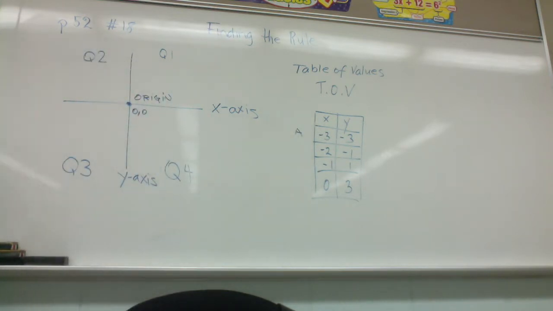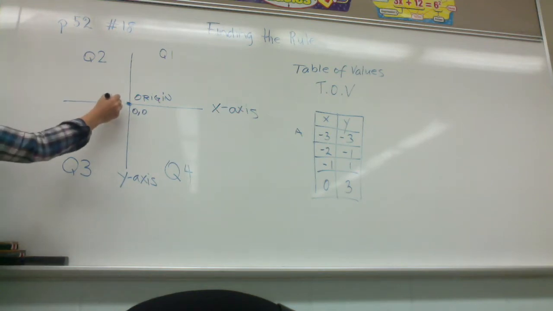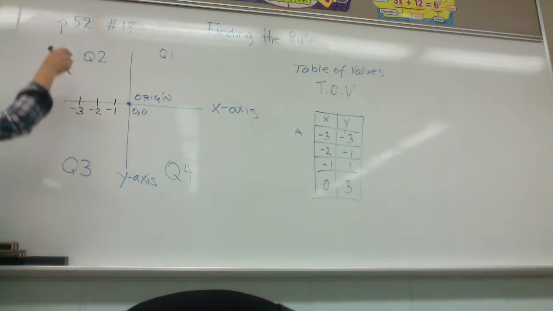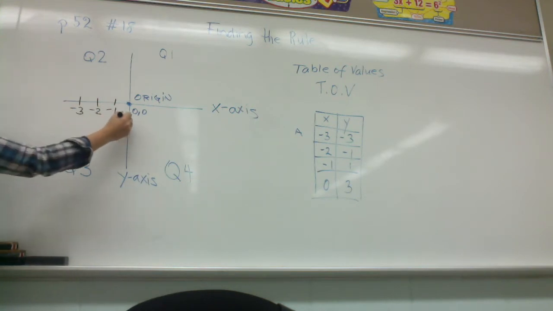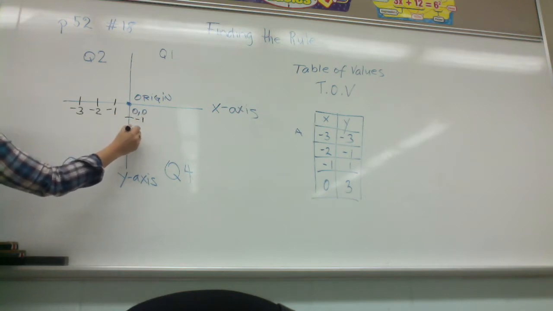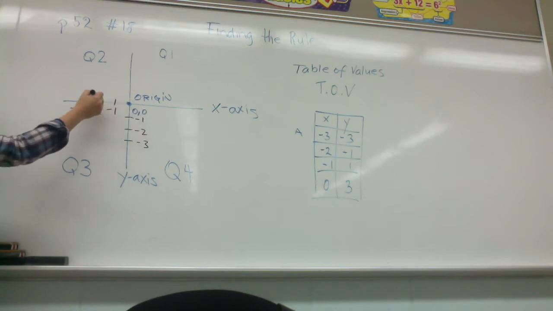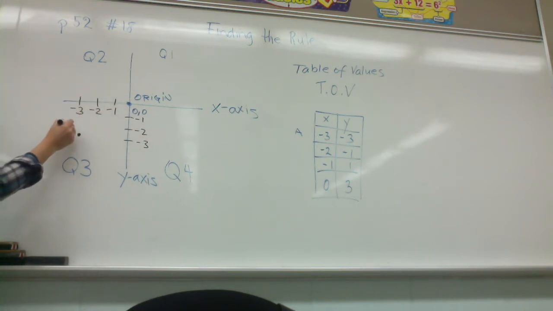A says to go -3, meaning this way, and -3 meaning going down: -1, -2, and -3. So that would go 1, 2, 3, 1, 2, 3. A would land right here, and you would label that little dot with -3, -3.